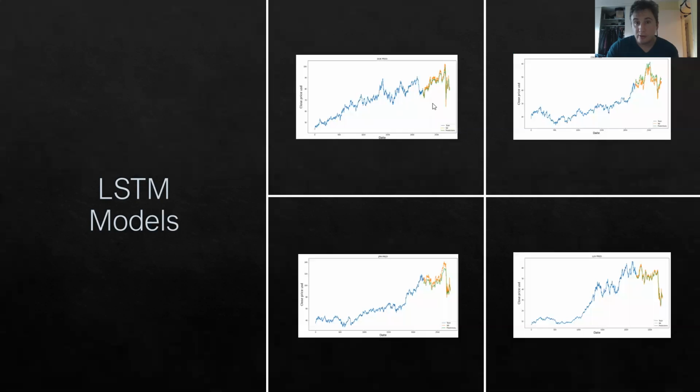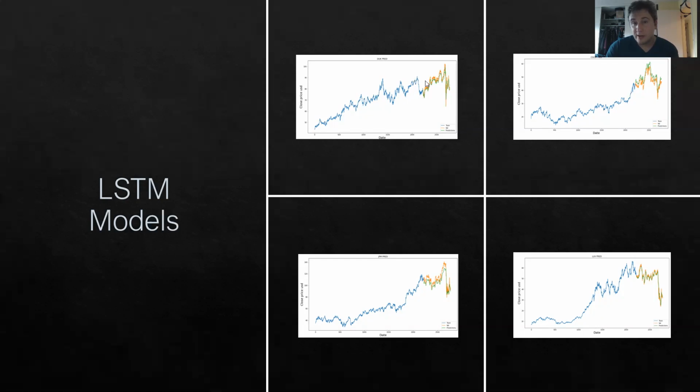We then used the remaining 20% of the data for validation and prediction. We can see the blue lines on each one of the graphs, which is the training data. The orange line is the validation, and the green line is the prediction. And we can see that they did pretty well.